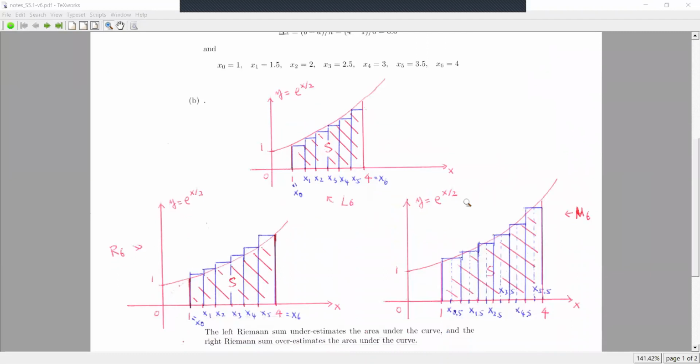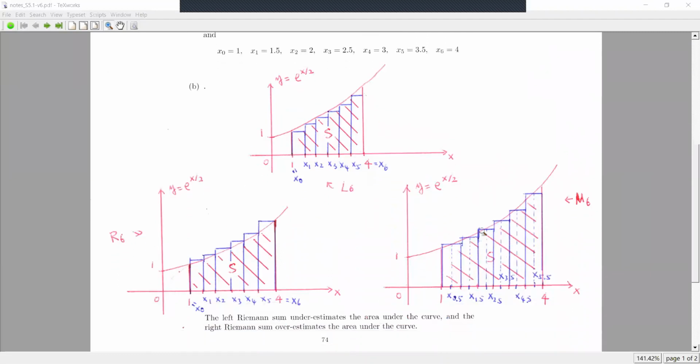Okay, here we have 3 figures. The first figure is about the left Riemann sum. I cut the interval 1, 4 into 6 subintervals. Then over each subinterval, I build 1 rectangle.